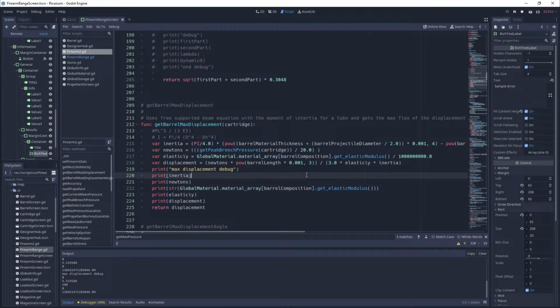Alright, so what we're gonna do here, let's just make sure that we aren't screwing things up. 10 plus, so we have 14 times 0.001, and we're gonna bring that to the power of 4.